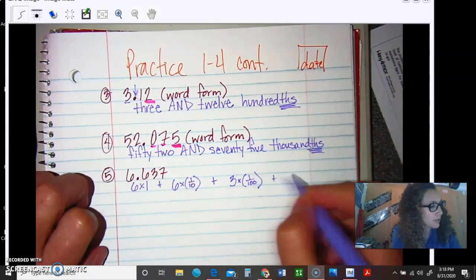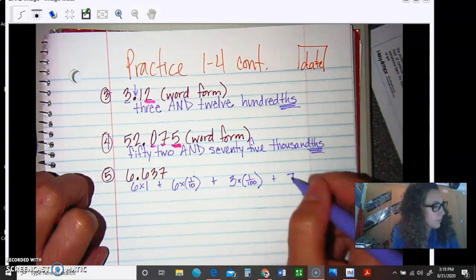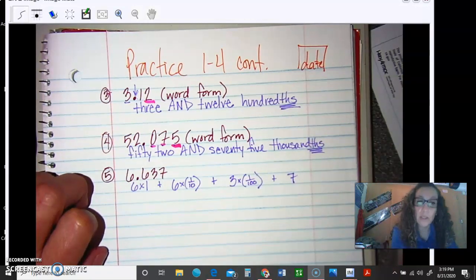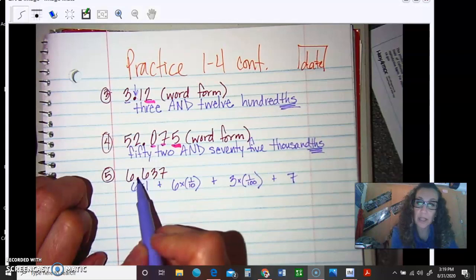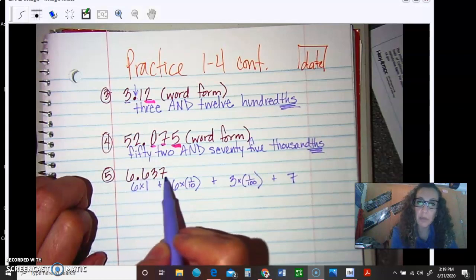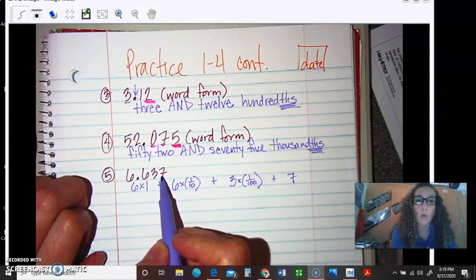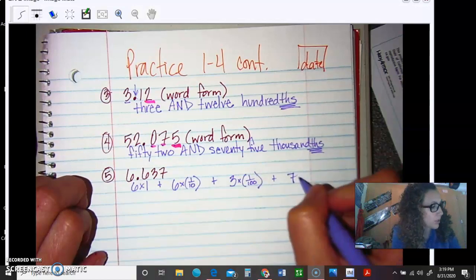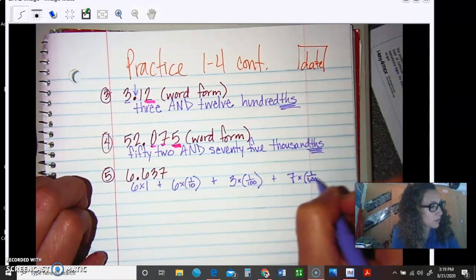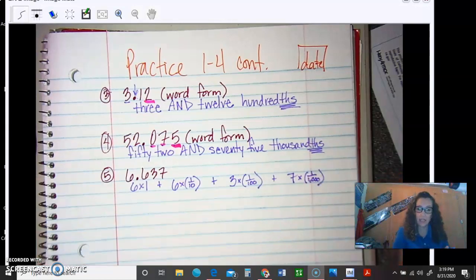We're going to add that 7, but once again, it's after that decimal. 1, 2, 3 spots after the decimal. If you look at your place value chart, what position is that? Thousandths. So we need to multiply it by 1/1000th. That is expanded form.